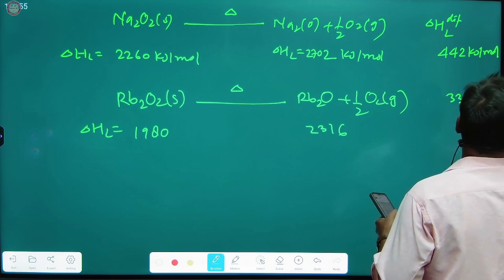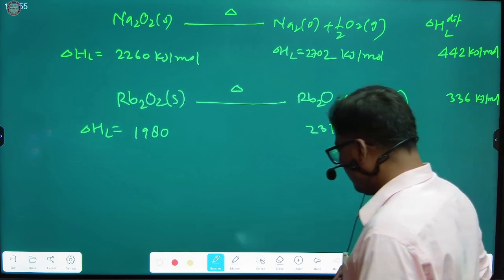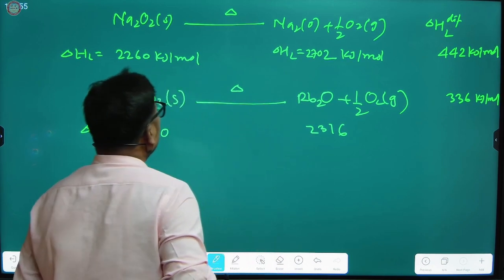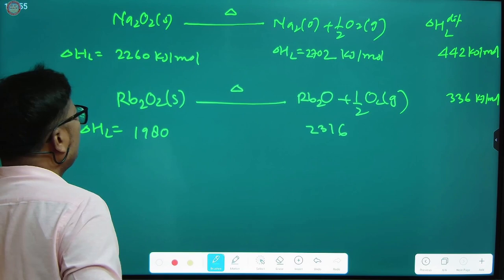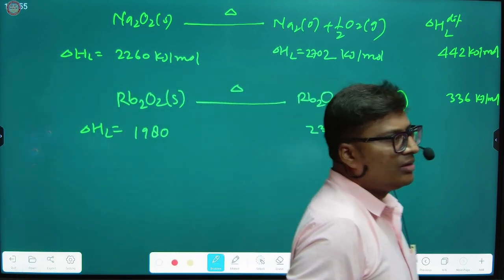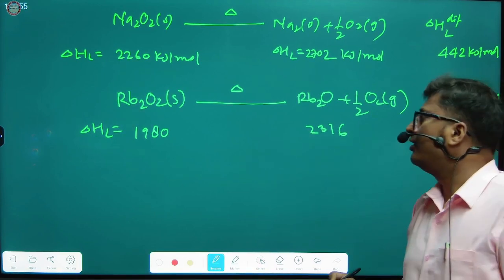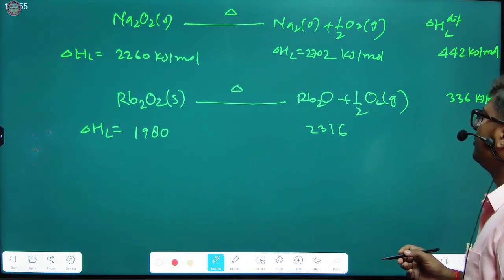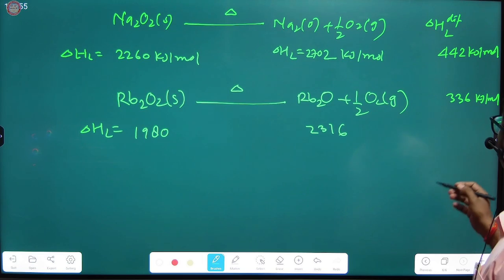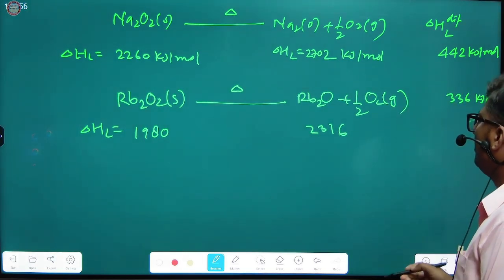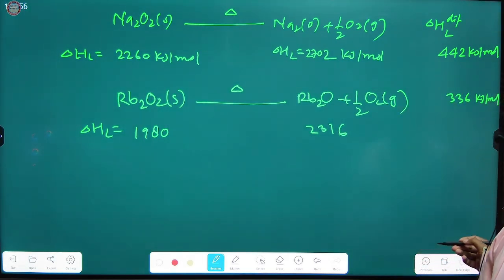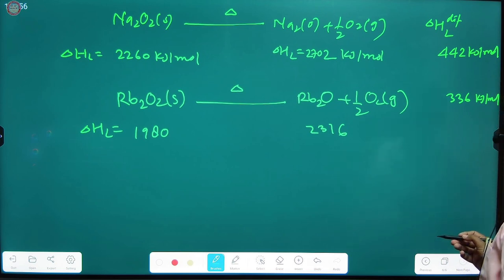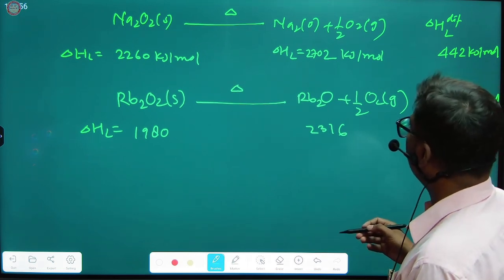kilojoule per mole, right? So what this data indicates is that once the alkali metal forms peroxides, the probability of stability of these peroxides can be elucidated with the help of these data. These data are basically lattice enthalpy, determined through the thermochemical ionic data by the Kapustinskii equation, right?